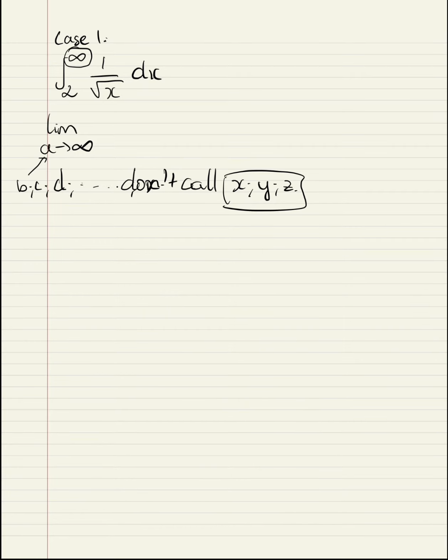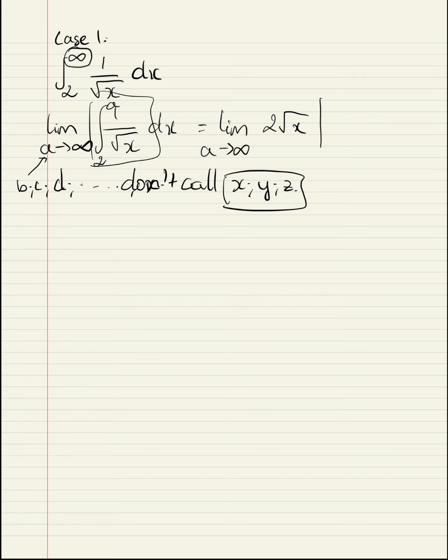Okay, so the limit as a goes to infinity of the integral from 2 to a of 1 over square root x dx. After you take this integration, it's going to be equal to the limit as a goes to infinity of 2 square root x over the range from 2 to a.